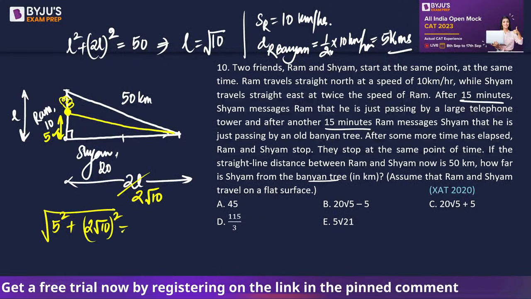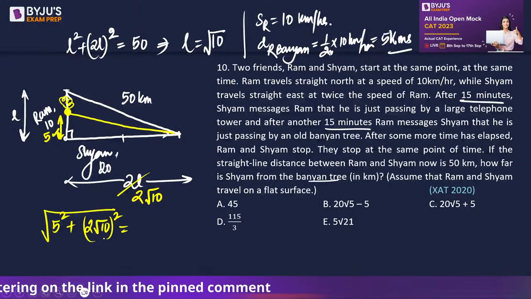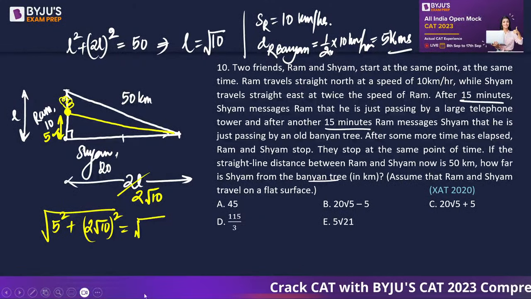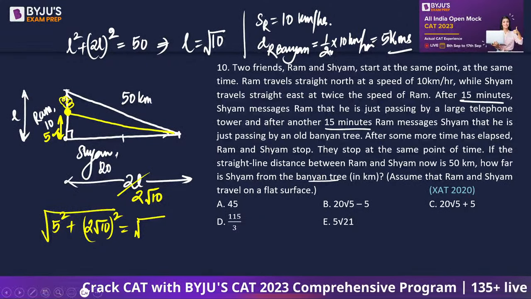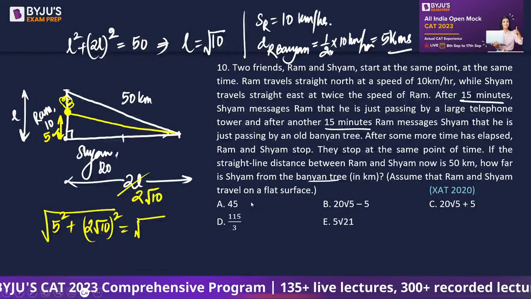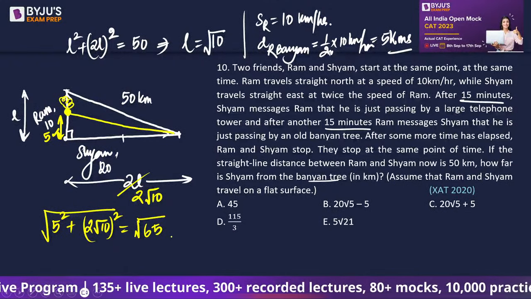whole under root, which will give us 4 and 10, 40, 25, 45, नहीं sorry 40, 2 under root 10 का square, no? 4 plus 40 plus 25, under root 65 I am getting.